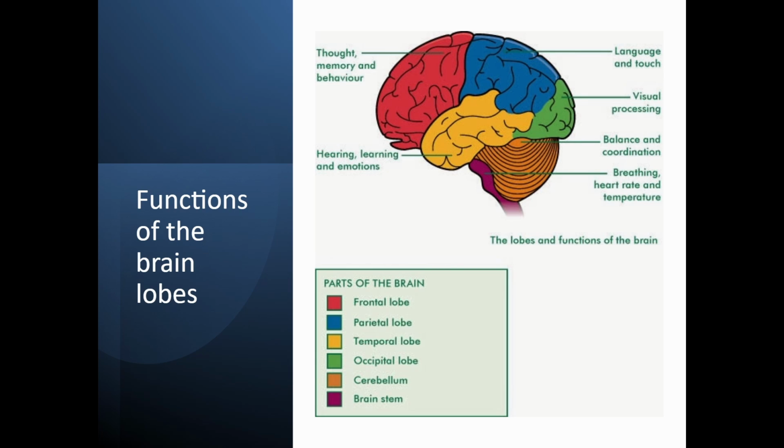Language and touch and visual processing, balance, coordination, all of that tends to be towards the back of the brain, with language and touch being primarily the function for the parietal lobe, visual processing happening at the green occipital lobe. So we don't really have eyes in the back of our head, but that's actually where we process visual information.